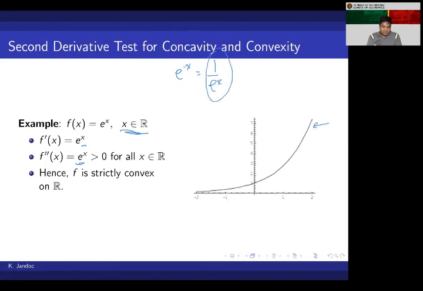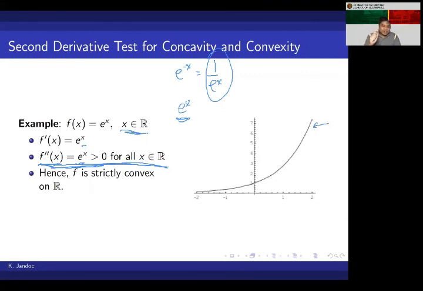This is still positive. If x is a positive number, this value e to the x is positive. So no matter if x is negative or positive, the function e to the x, or this second derivative e to the x, is always positive. So it's greater than 0 for all possible values of x, be it negative or positive.